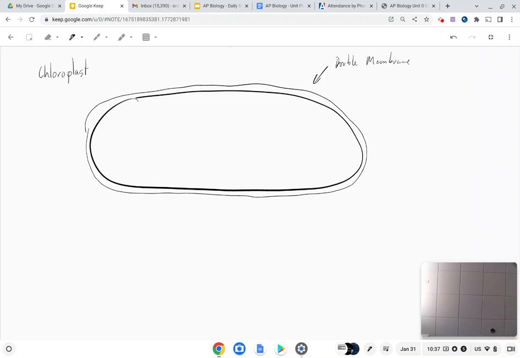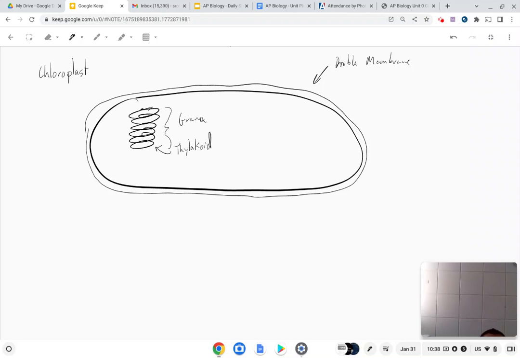Now, another feature of the chloroplast is that you have this stack of structures. The whole stack together is called a grana. And then the individual parts that compose the grana are thylakoids.